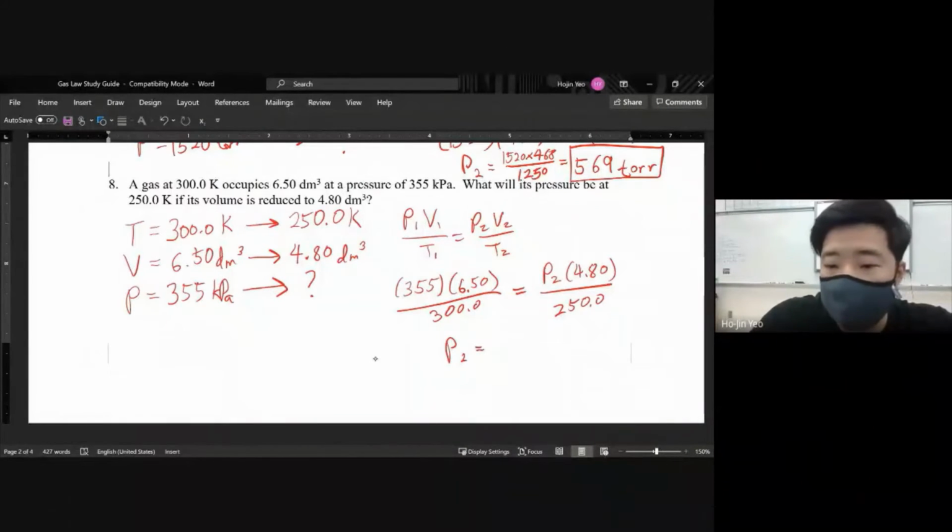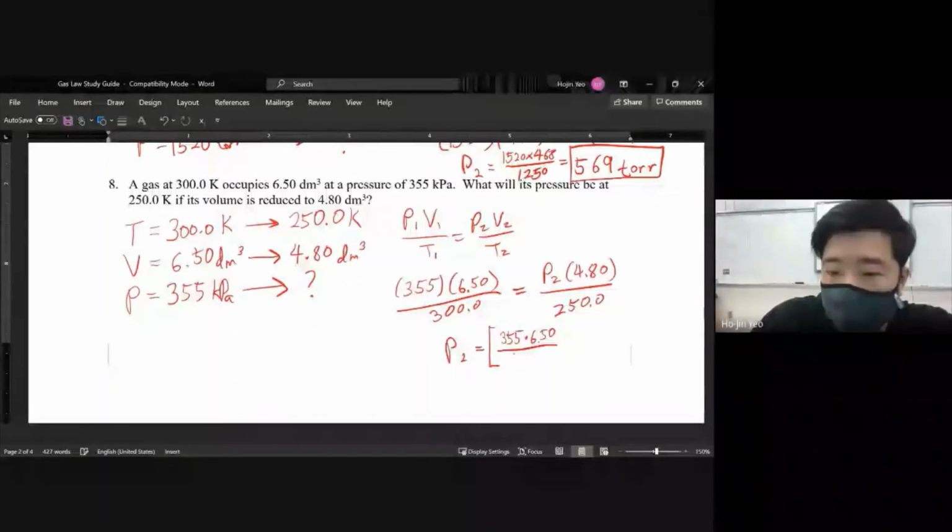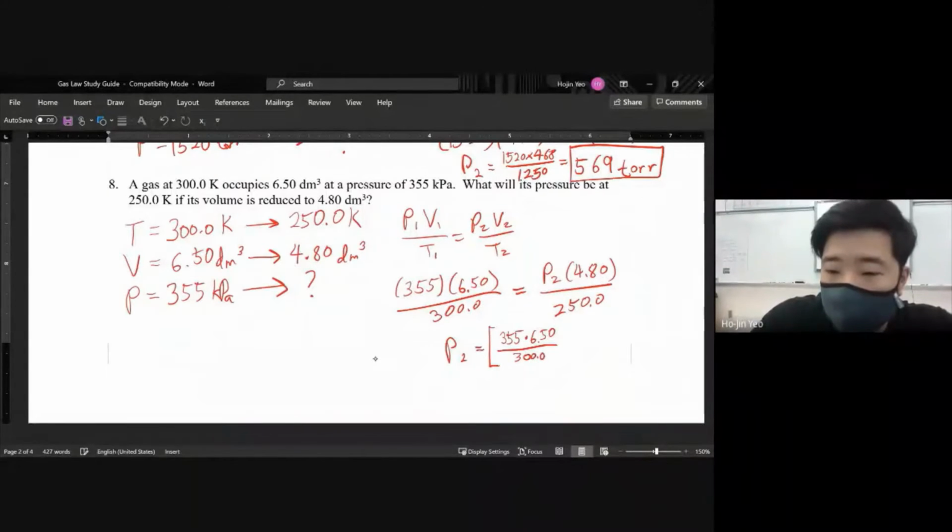Now, if you guys are confused how to do this, what I usually do is show you the work of how you got to that point. And then 250 divided by 0.80.